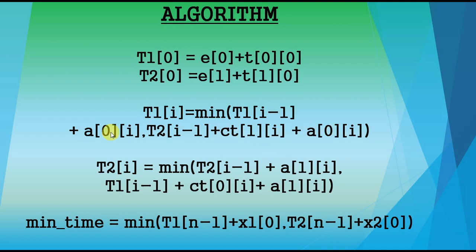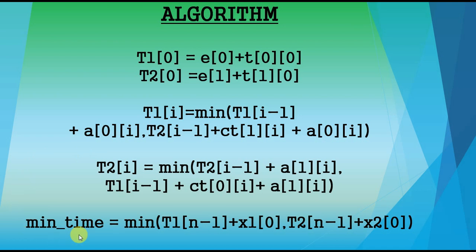So the first calculation is for the same assembly line, and the second calculation is when the chassis is coming from a different assembly line. Similarly, T2[i] is going to be the minimum of T2[i-1] plus A1[i], which is the calculation if the chassis is arriving from the same assembly line, comma, T1[i-1] plus CT0[i] plus A1[i]. So this is the calculation if the chassis is arriving from assembly line 1.